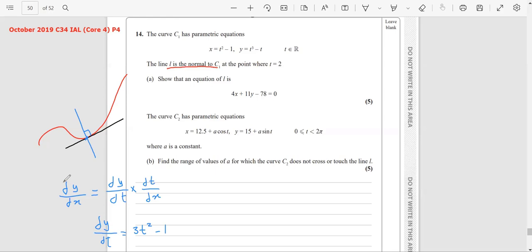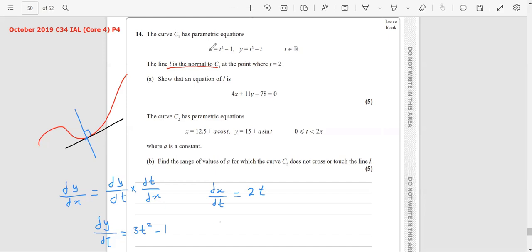This is for the first one. And then dx by dt, because x is the subject, it will be 2t only. So you have now the derivatives dx by dt and dy by dt.